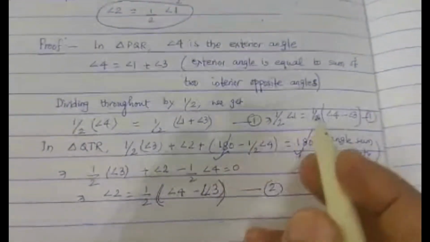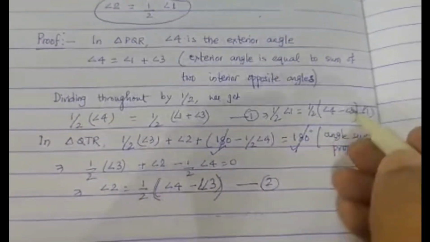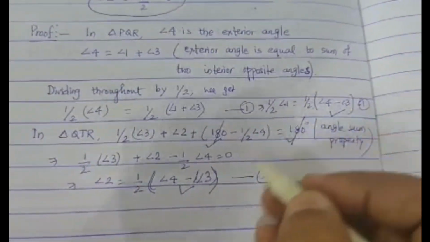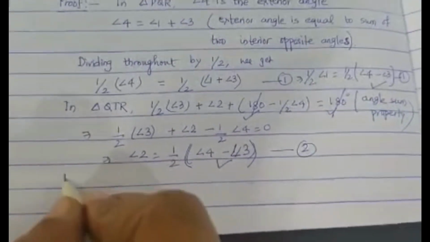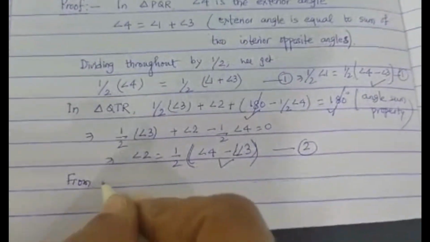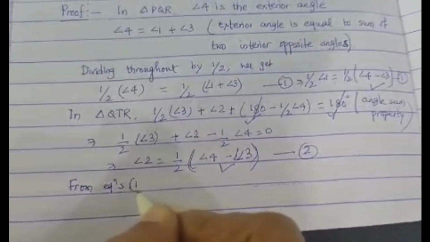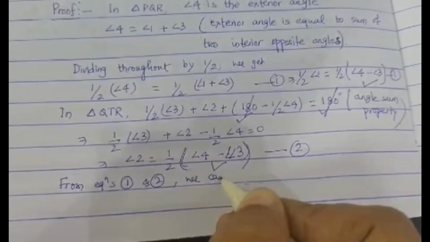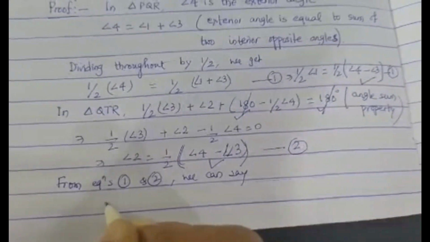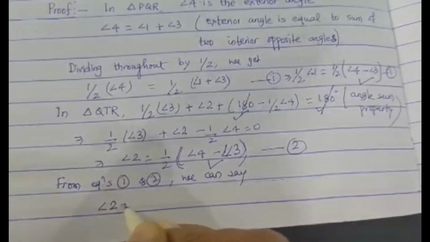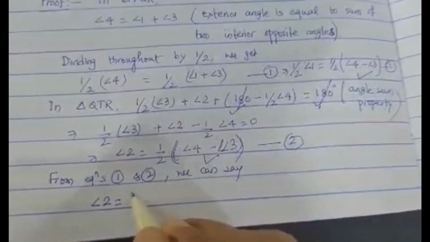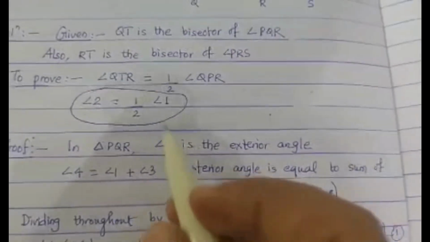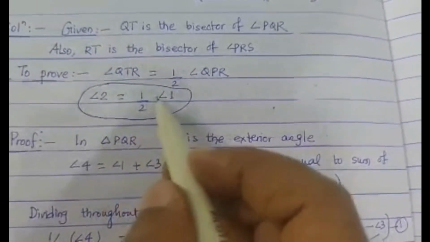Okay, so from 1 and 2, what can we say? This side, you see, this side is the same, half of angle 4 minus angle 3. So from equations 1 and 2, we can say that angle 2 is equal to half of angle 1, and I think this is what we had to prove, angle 2 equal to half of angle 1.